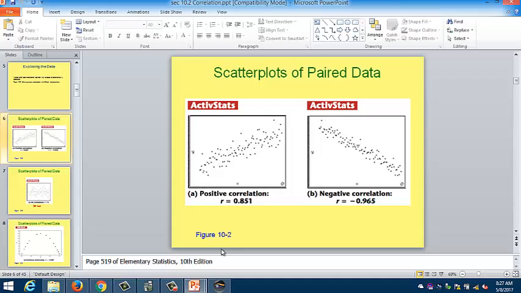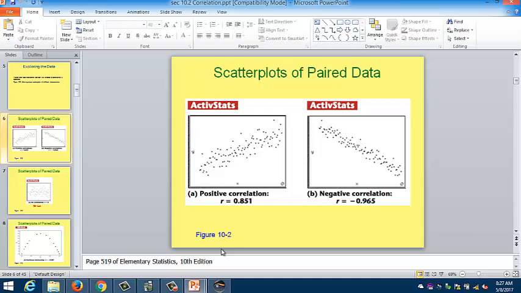Now, you have to understand, it's very, very rare that you're going to get all the data to line up exactly on a line. Actually, that's not going to happen. Even if it's truly modeled by a line, it's not going to exactly, because we're making measurements. We're going to have little errors here and there. But this would be a positive slope.